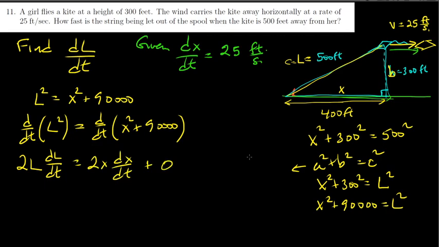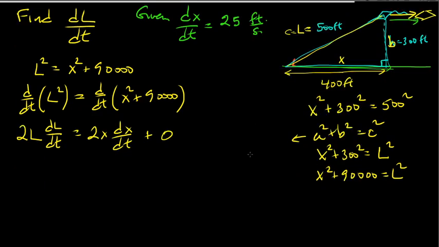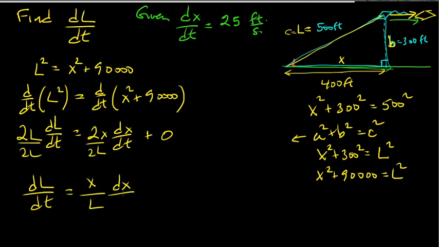It's a constant. And then just solve for the derivative of L. So divide by 2L on both sides, and cancel the 2's. You get x over L times the derivative of x. So that's the derivative of L. It's equal to x over L times the derivative of x.